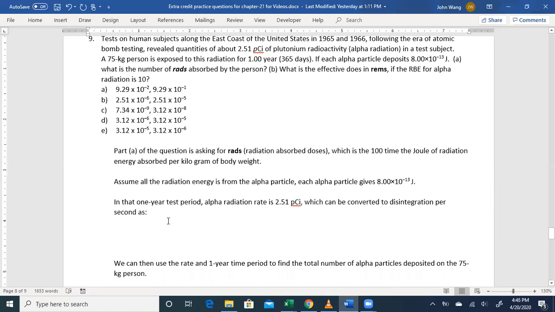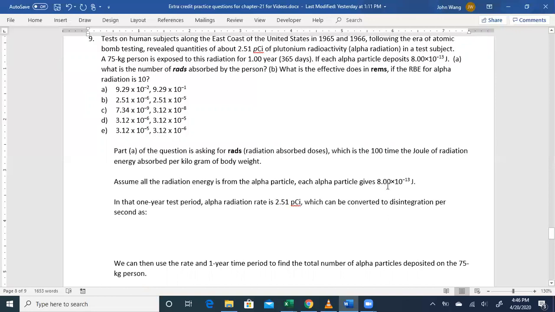Assuming all the radiation energy from the alpha particle, each alpha particle gives 8.00 times 10 to the negative 13 joules. Then in that 1 year test period, alpha radiation rate is this much, which can be converted into disintegrations per second. Then once we have the disintegrations per second, we can find out how many particles that person received.